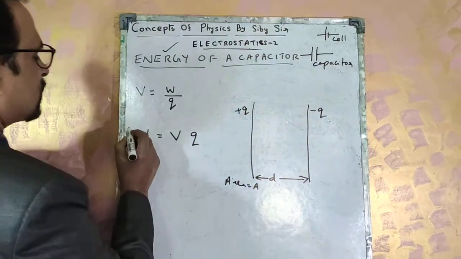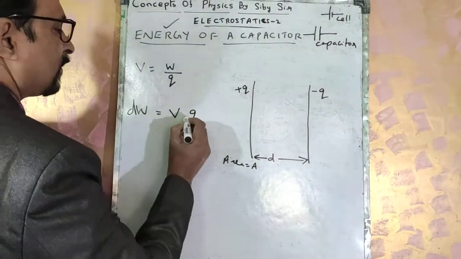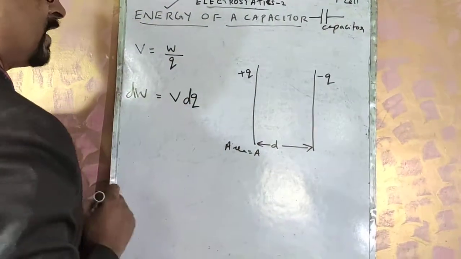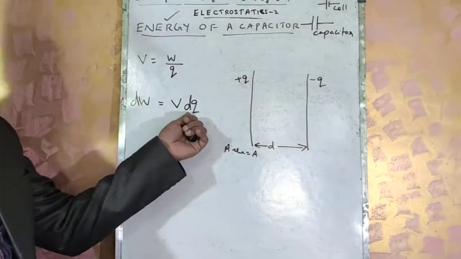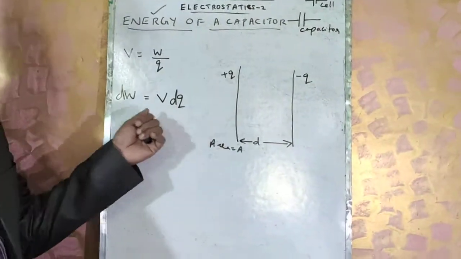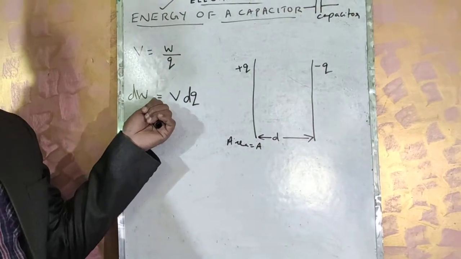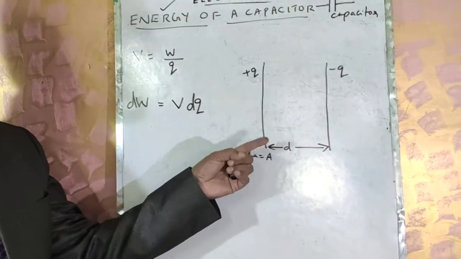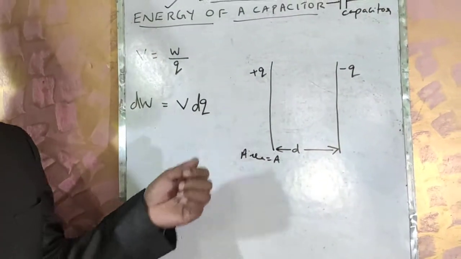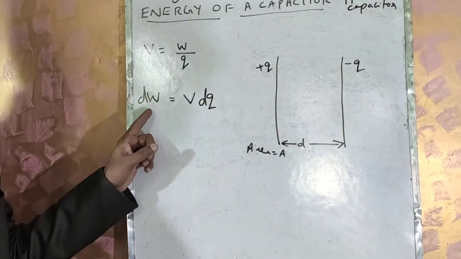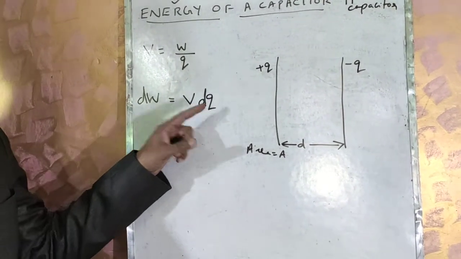Therefore, the small work done for increasing the charge on the plates of the capacitor by a small amount dq is given by dW is equal to V dq.